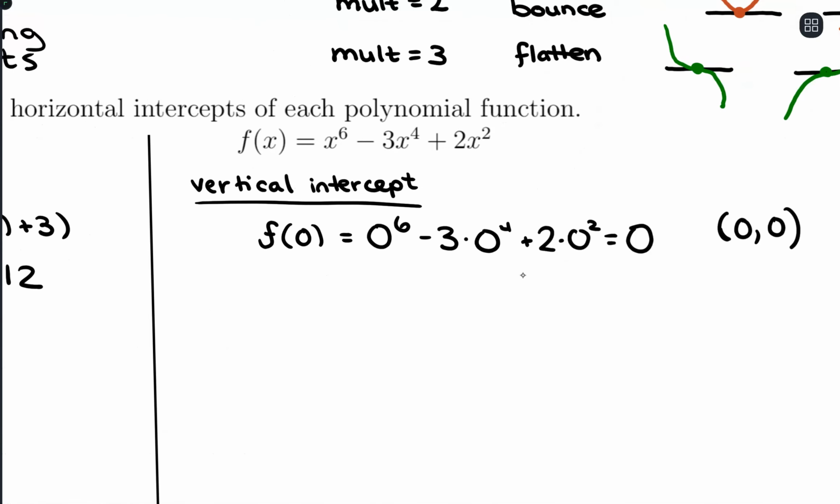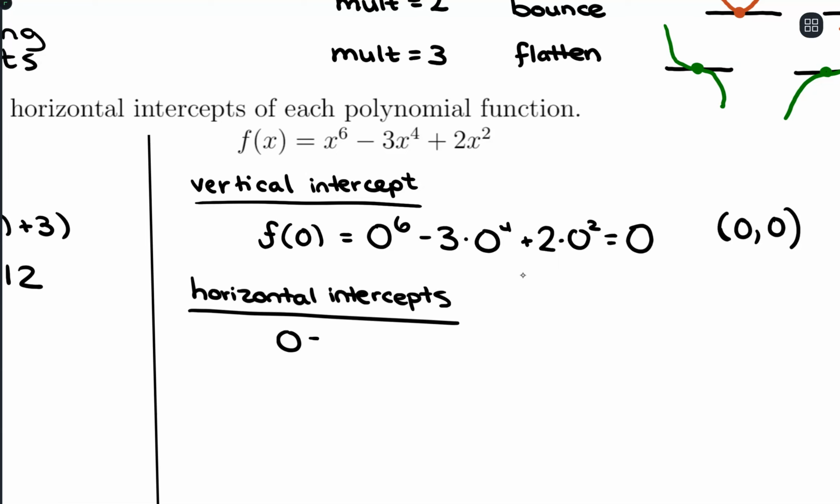Then the horizontal intercept, and there can be more than one of these, so let's say intercepts, is where we plug in 0 for f of x. So we're going to have 0 equals x to the 6th minus 3x to the 4th plus 2x squared.